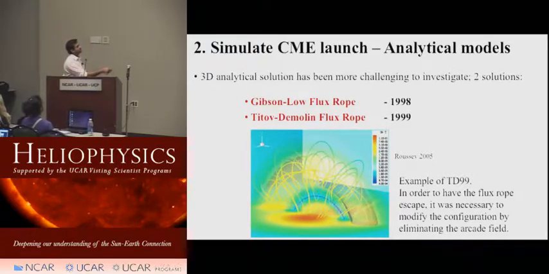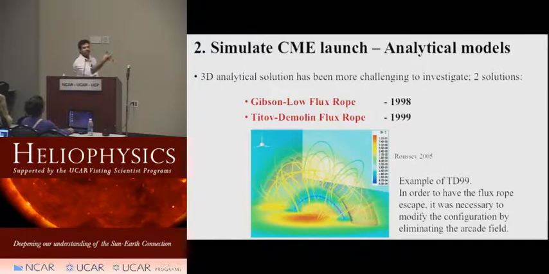This is one example I pulled out just to highlight what these simulations are capable of doing. But as an example, this is a Titov-Demoulin flux rope. And what the researchers found, Ilya Rusev found, was actually that in order to get this flux rope to escape and to erupt, it was necessary to modify the configuration by eliminating the arcade field.